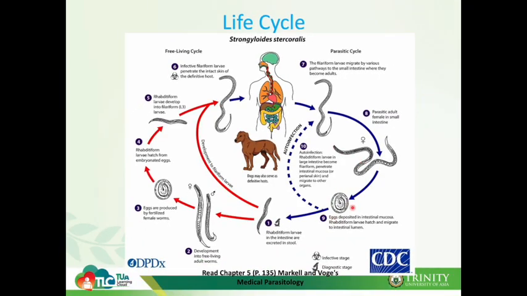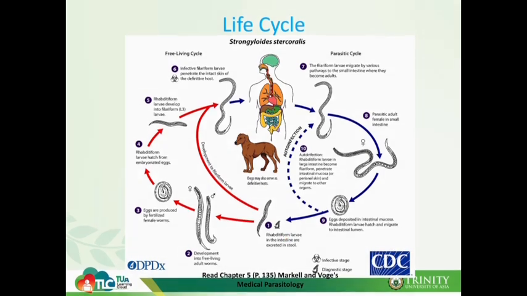So dito, just to summarize, the eggs or the rhabditiform has two fates while inside the intestine. It can be released in the stool, or it can repeat the infection via auto-infection. For the rhabditiform in the soil naman, it also has two fates. It can become a filariform and become parasitic, or adults and become free-living. So marami siyang choices.